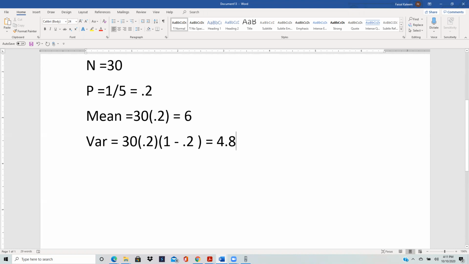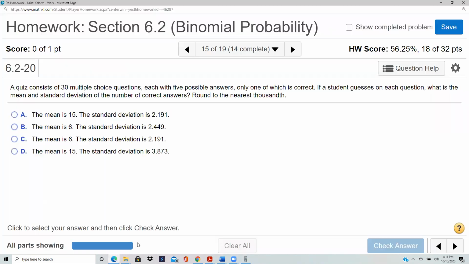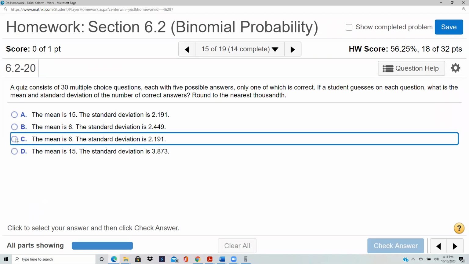The square root of 4.8 is 2.19. So mean is 6 and standard deviation is 2.19.